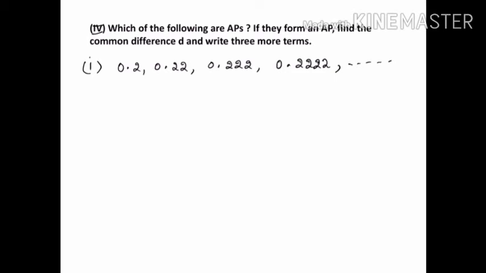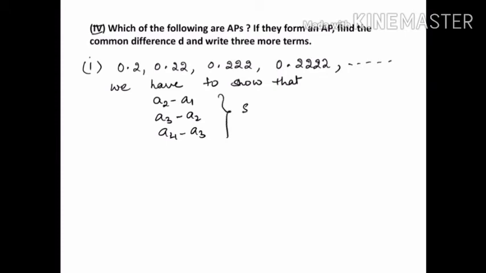To check if the given list of numbers is an AP, we have to show that A2 minus A1, A3 minus A2 and A4 minus A3 all are same. So this is A1, A2, A3, A4 and so on.